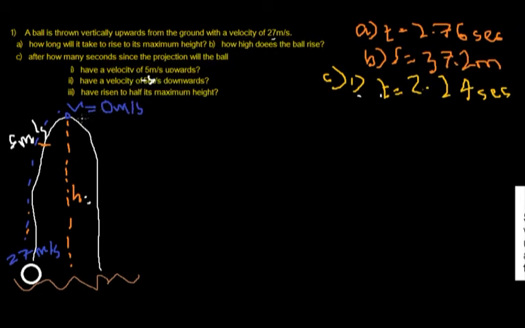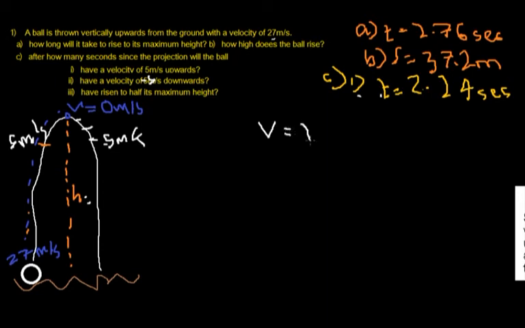So at 0 meters per second it will go negative 1, negative 2, negative 3 meters per second, and somewhere here it will be negative 5 meters per second. The question is asking us to calculate the time from here all the way till it reaches negative 5 meters per second here. So the time within this interval.